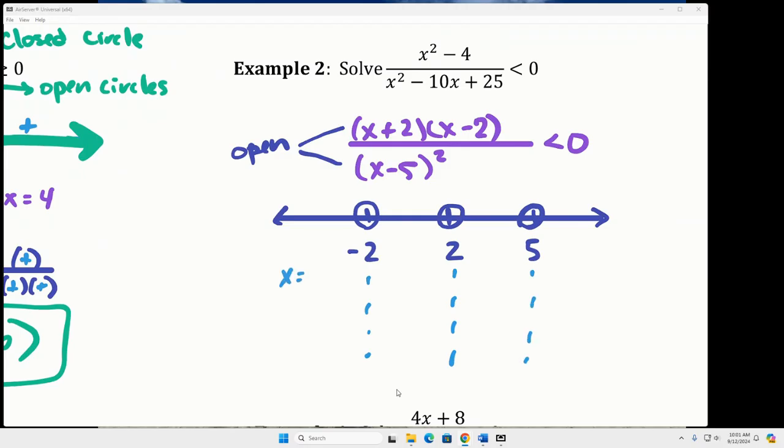Same old. Plugging in some numbers. This one's actually going to be a little bit quicker now from this point on because I know for sure that denominator is positive.